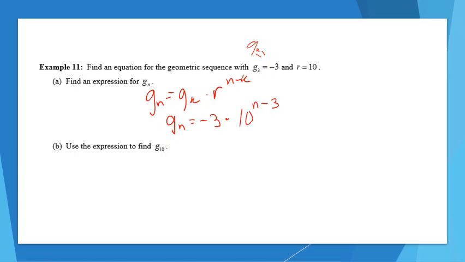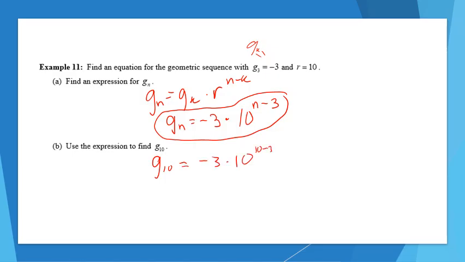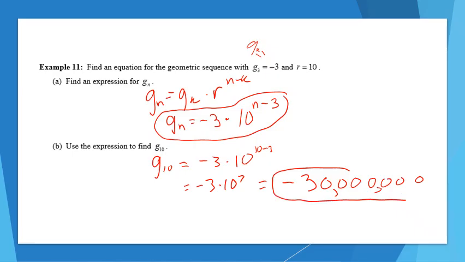And then we want to find g10, which is our 10th term in the sequence once you have your general expression. So this is going to be negative 3 times 10 to the power of 10 minus 3, which is negative 3 times 10 to the 7th, which is negative 30 million. So that should be our answer there.